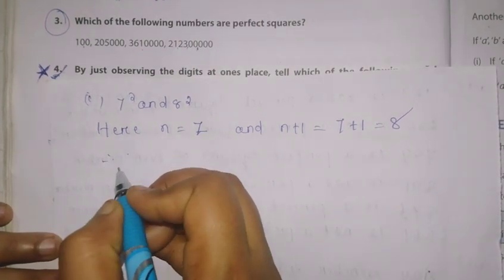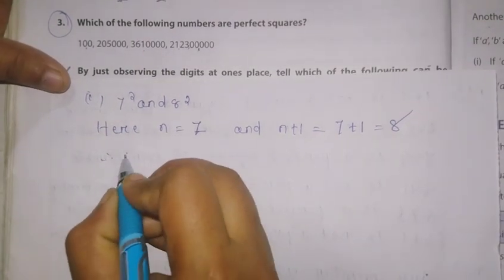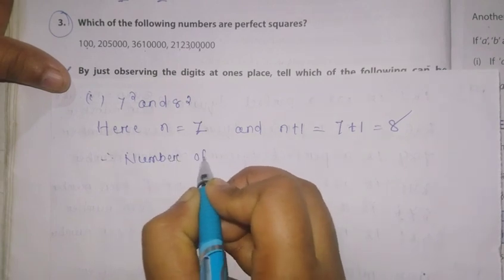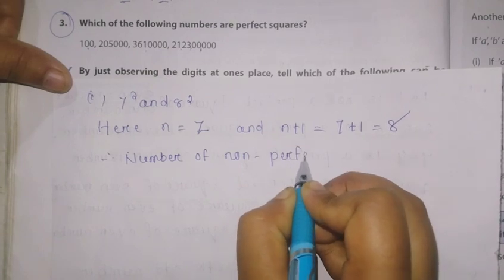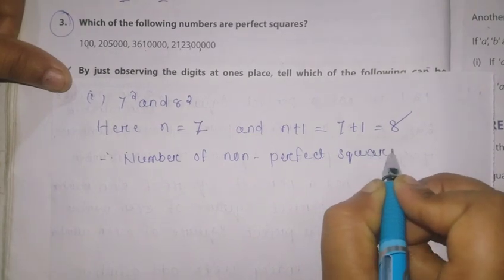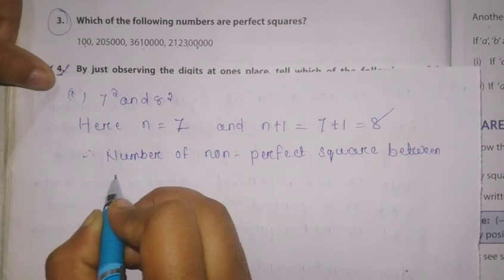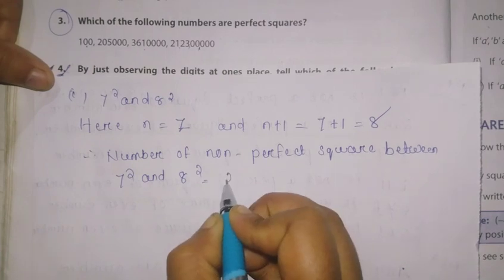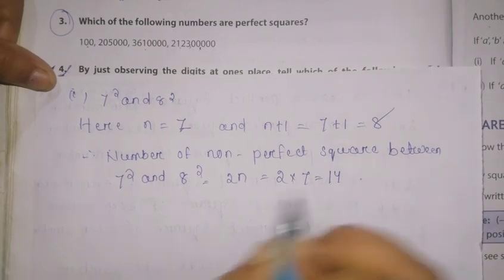The number of non-perfect squares between 7 square and 8 square equals 2n, equals 2 into 7, equals 14.